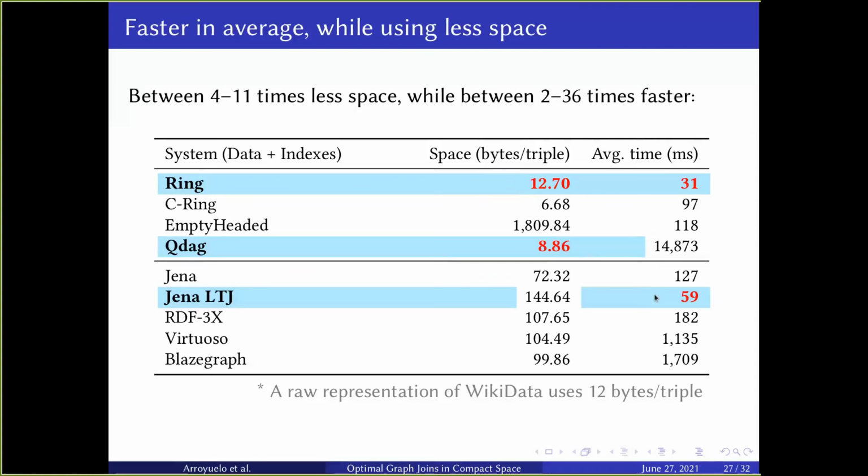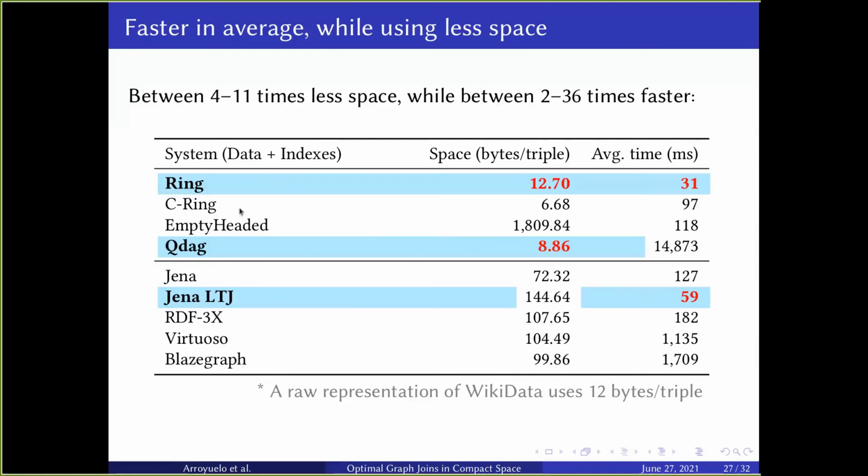Also note that the closest other solution in terms of running time, which is this implementation of leapfrog join using Jena, uses at least one order of magnitude higher space.